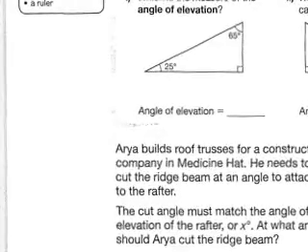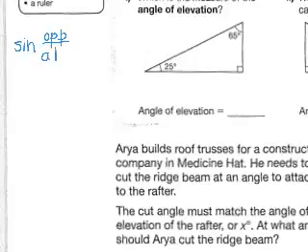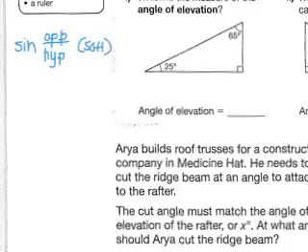So we're going to use sine, which is opposite over hypotenuse. We also refer to that as SOH. We have cosine, and that is adjacent over hypotenuse.